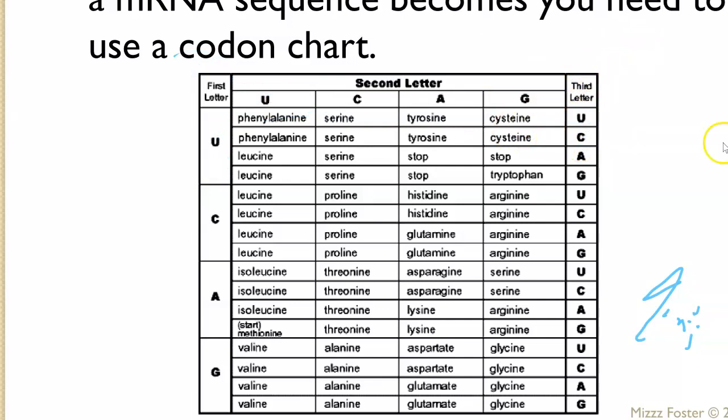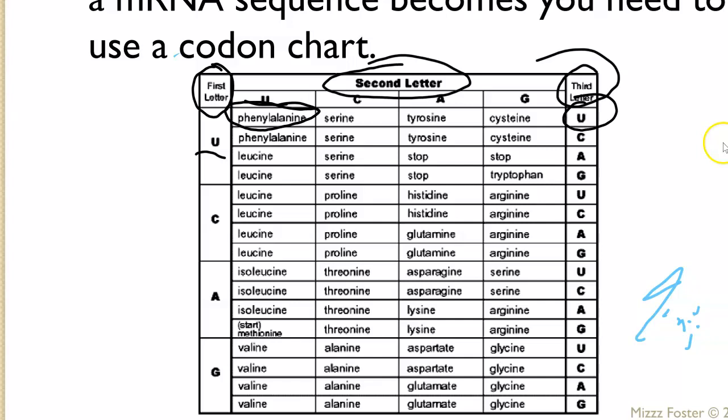So the way this reads, there's a first letter, as you can see, that's your first. Then you have your second and you have your third, right? So if I say it's U, that would be phenylalanine. That's the amino acid right there. So it reads 3 at a time. This is the mRNA code, right? This is not what's on the tRNA. tRNA is the anticodon to that.